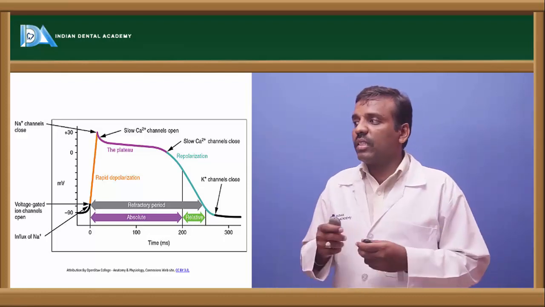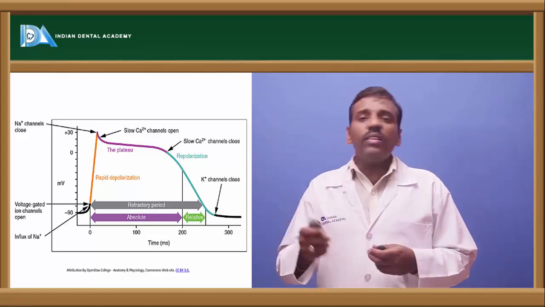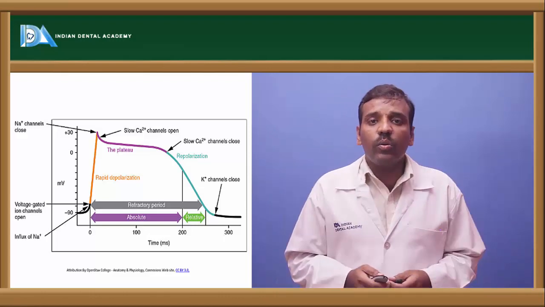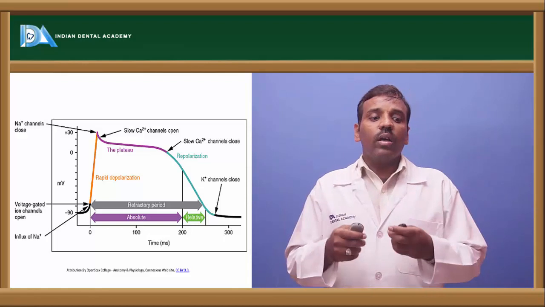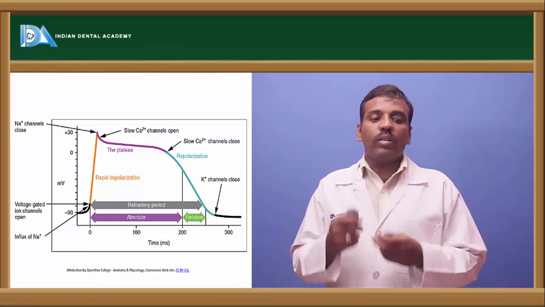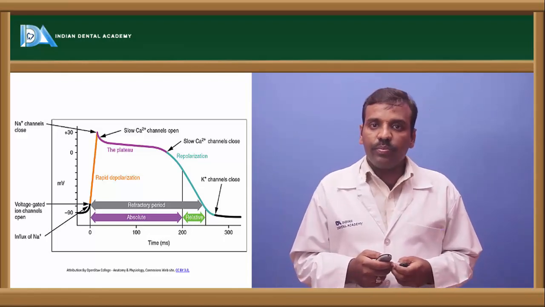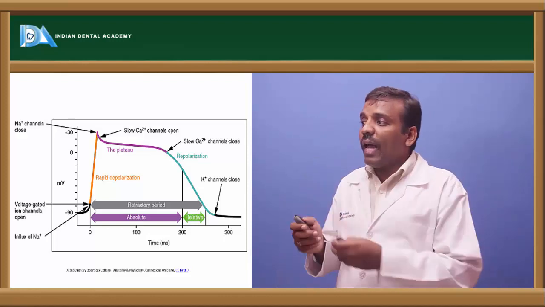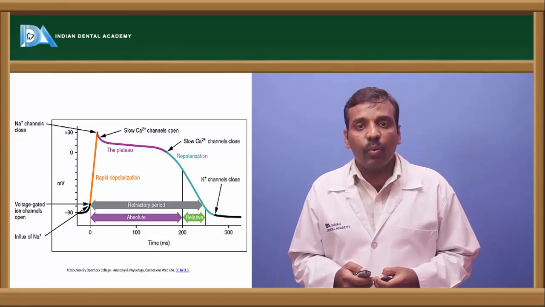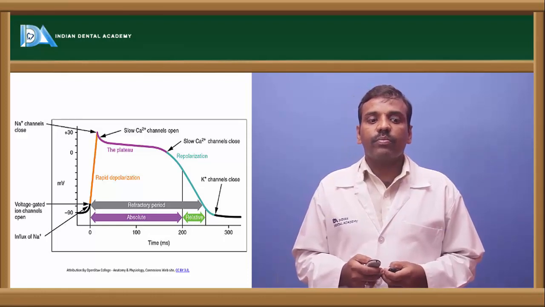And next is the third stage, when the calcium channels are closed, that is the third phase, nothing but a plateau or the final depolarization. And next is the black colored line, that is the final repolarization.